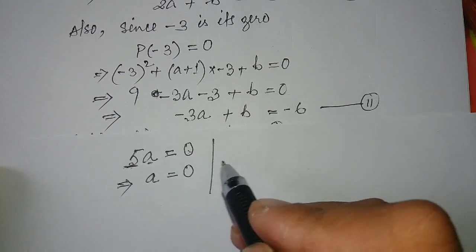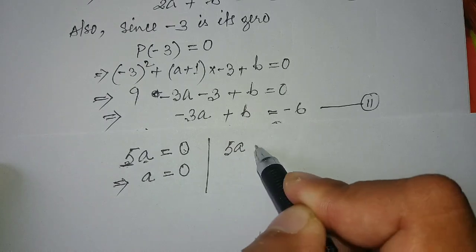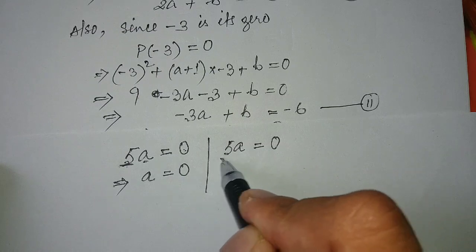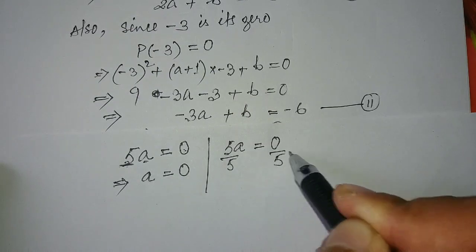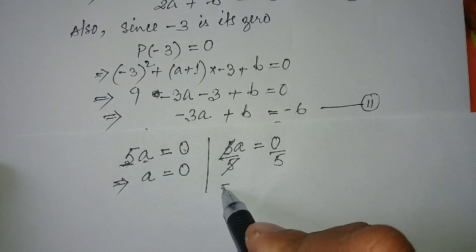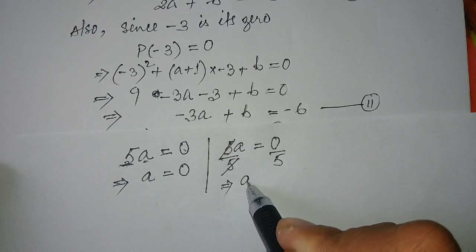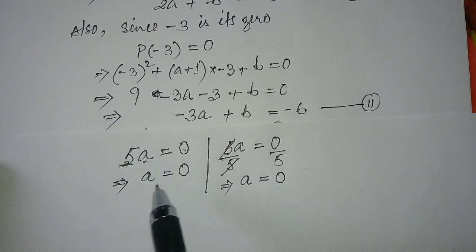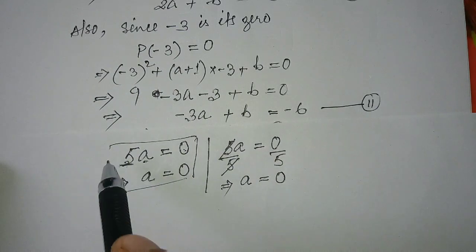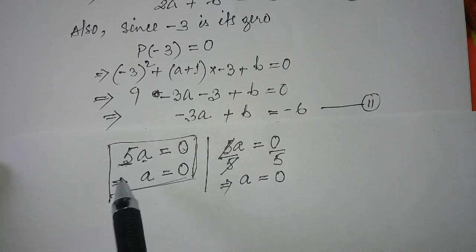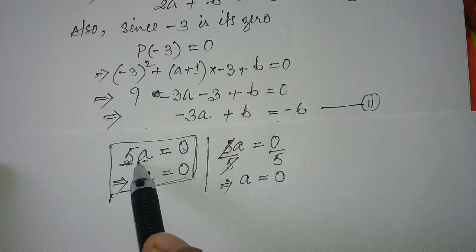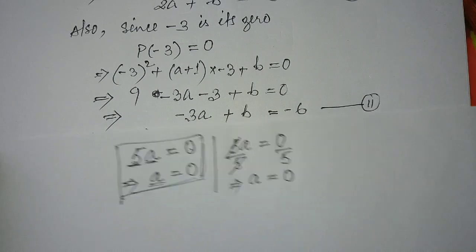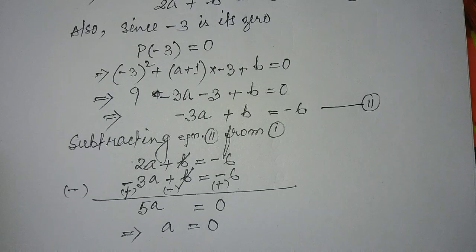Or in another way, you can divide both sides by 5, then 5 cut, you'll get here a, and 0 by 5, 0. So either way it works, but the real thing happening here is, if a number and something which we don't know are multiplied and we get 0, that means the one that we don't know should be 0. So we get the value of a as 0 here.